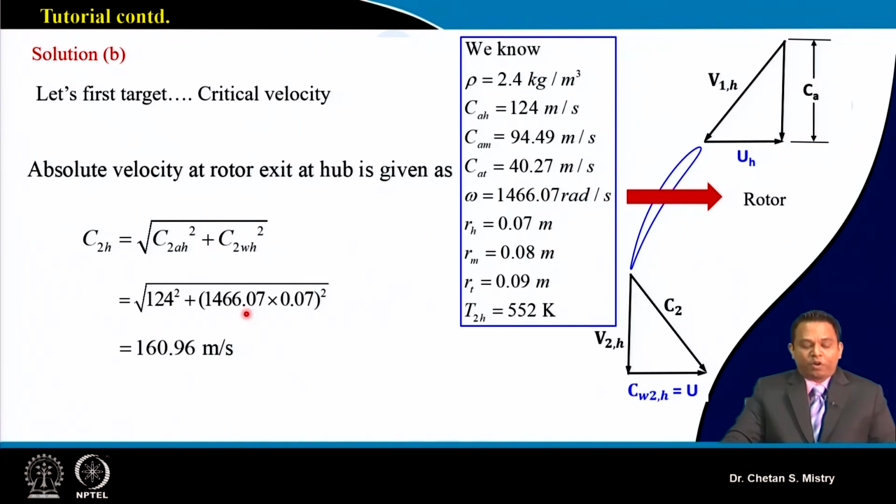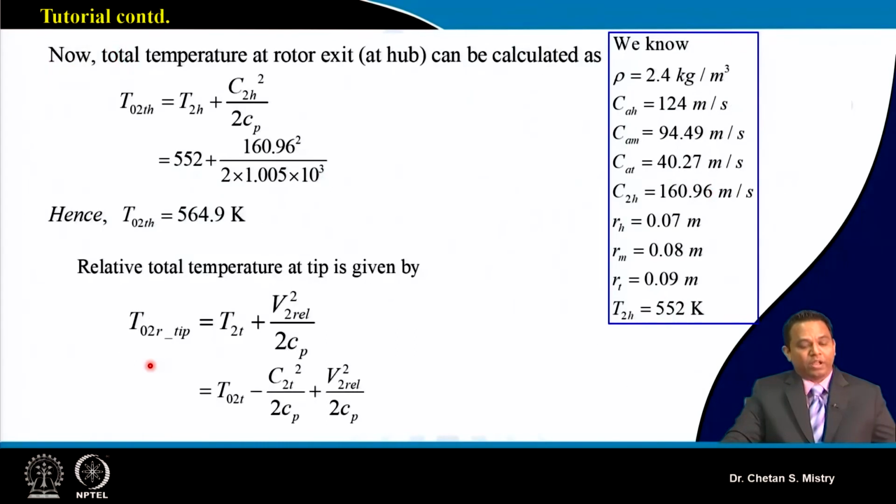We know our omega, and this is my r. At the hub we know our radius as 0.07. That will give me my absolute velocity as 160.96 meter per second.